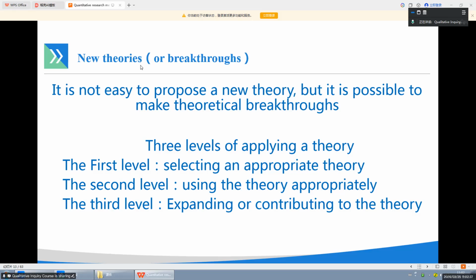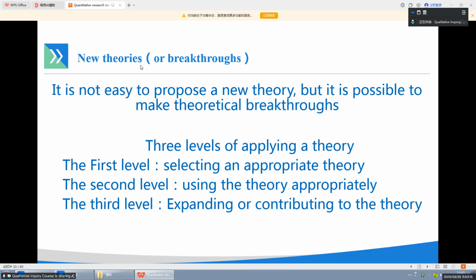Because if your theory is closely connected with your research, you have to mention the theory here and there throughout your thesis. So using the theory appropriately means they have to be integrated, they have to be connected.